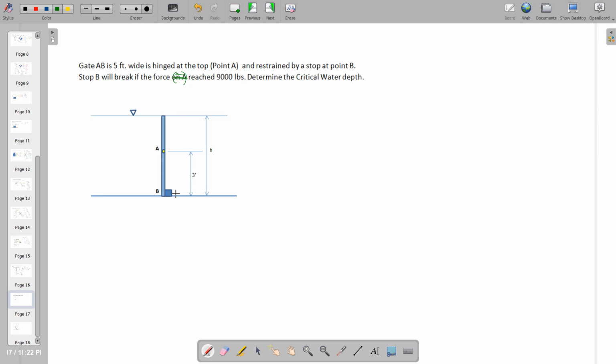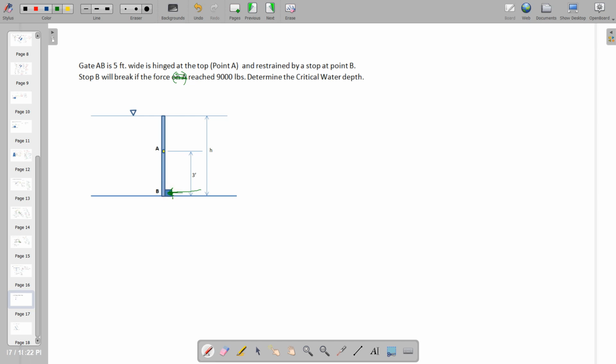So let us have this to be corrected if the force reaches 9,000 pounds. So meaning the stop here will have a full capacity, or a yield strength of 9,000 pounds. So meaning it will just have a capacity of 9,000 pounds.